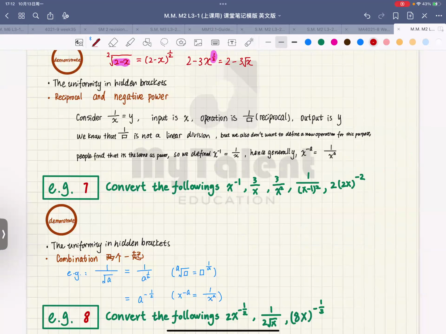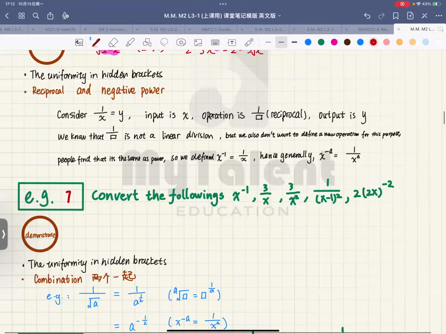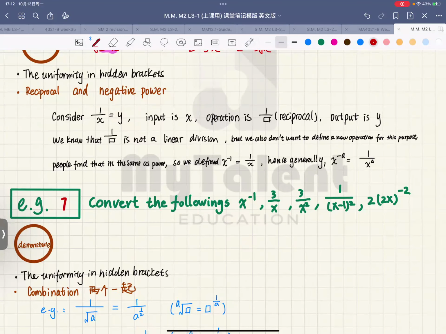Reciprocal and the negative power. Okay. For the reciprocal and negative power, let's say if we have 1 over x is equal to y, so the input is x, the operation is 1 over something, basically that's reciprocal, and the output is y. So we know that 1 over something is not a linear division. We already discussed this before because we use 1 over x.